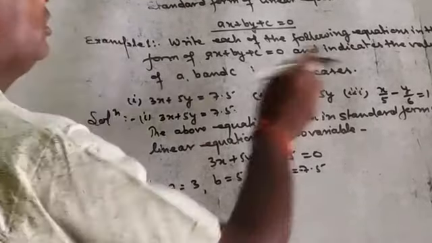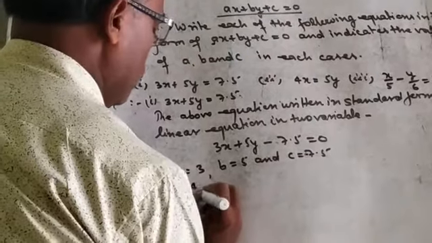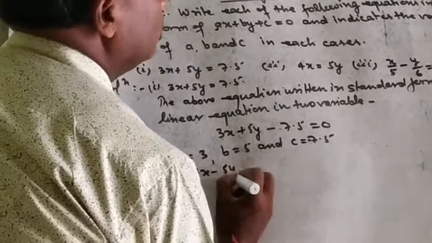When you write the second equation, 4x minus 5y is equal to 0.